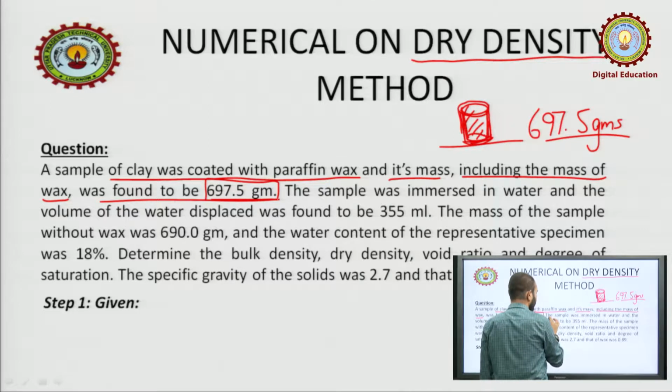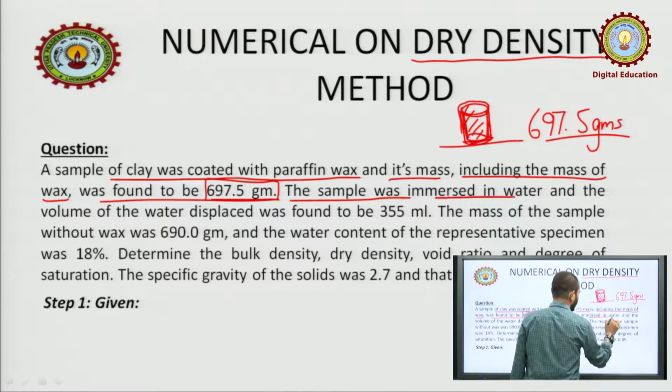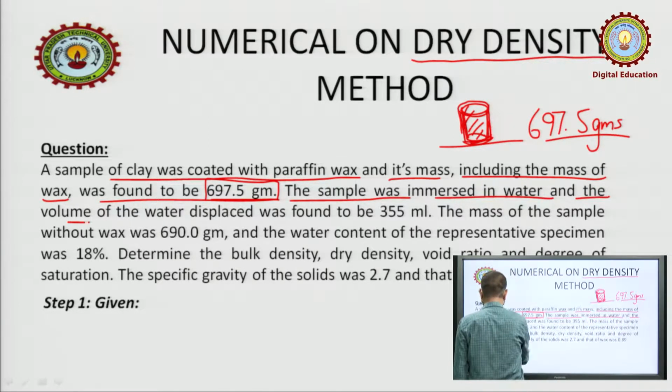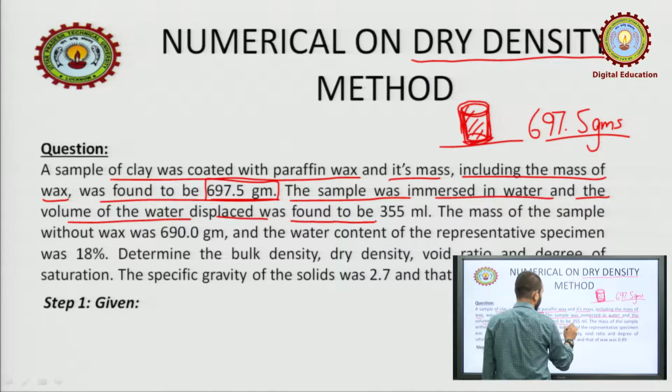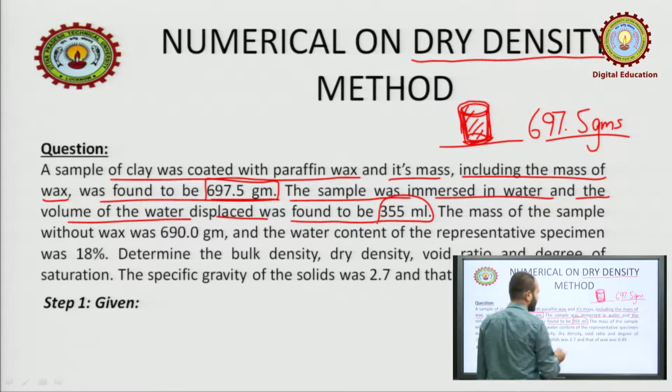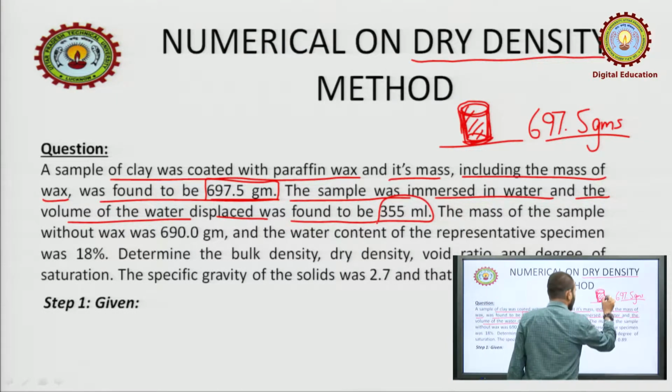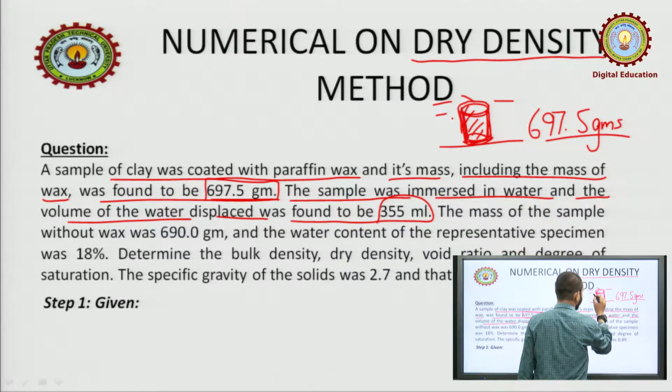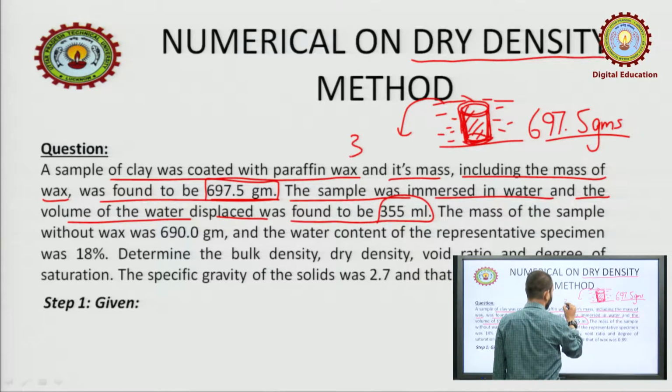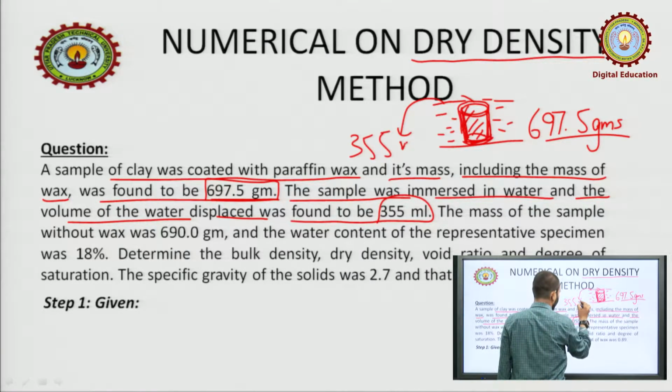Then the sample was immersed in water and the volume of water displaced was found to be 355 ml. What does this mean? This whole paraffin waxed soil is immersed into liquid. Okay, suppose this is liquid. Now how much water does it displace? 355 ml.